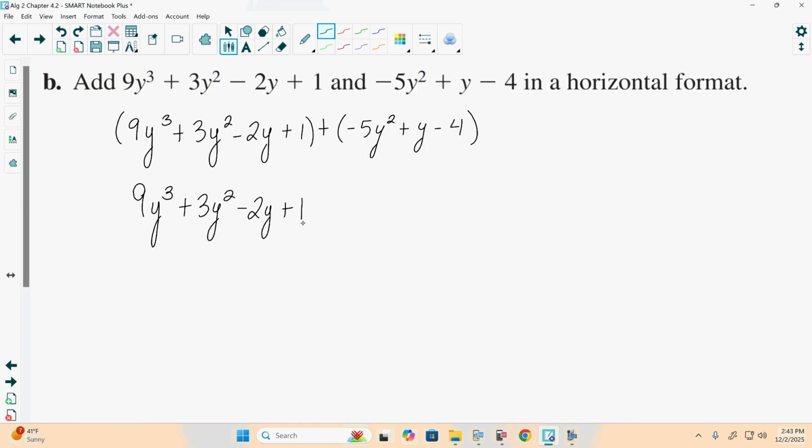Now, the second set of parentheses, we're really going to distribute that positive 1 through. That's actually what we did with the first set. But nothing's going to change. We still have negative 5y squared. We still have positive 1y, and we still have negative 4. Because it's a plus, there's no number in front of it. We can really drop that second set of parentheses as well. Questions on this here?